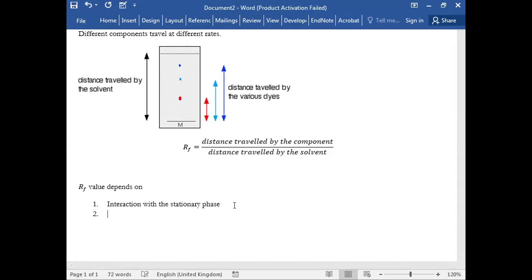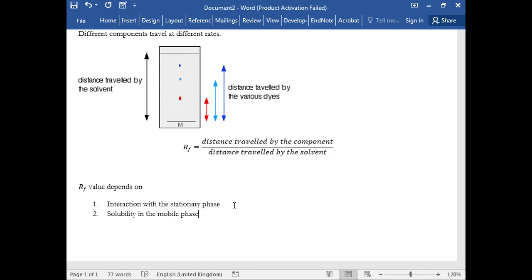And second is solubility in the mobile phase. What do I mean interaction with the stationary phase?